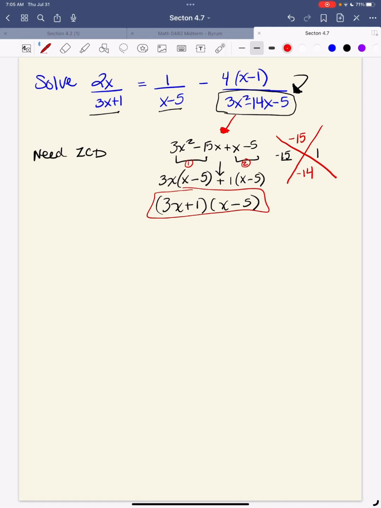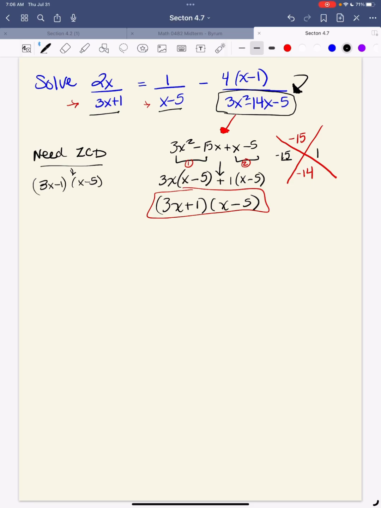Now, what's great here is that both of these factors are factors we already see in our other denominators. So our LCD is going to be that 3x plus 1 and the x minus 5, because both 3x plus 1 and x minus 5 divide into that. It's perfect.